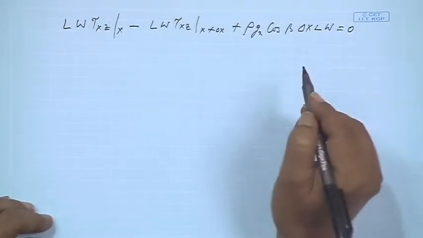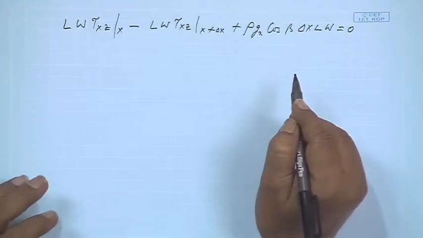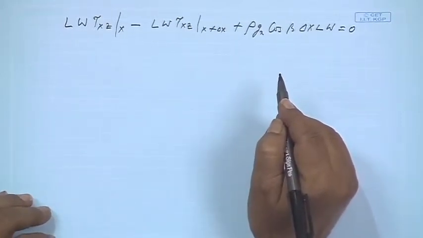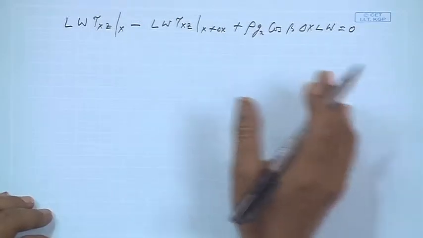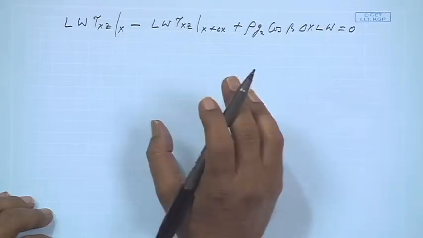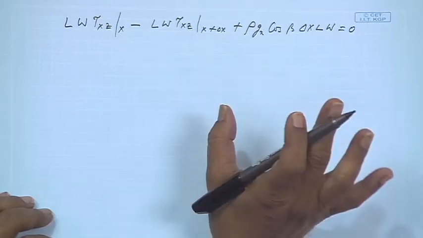Since it is steady state, accumulation is not there, and momentum in by convection and momentum out by convection are identical, so that also goes out.